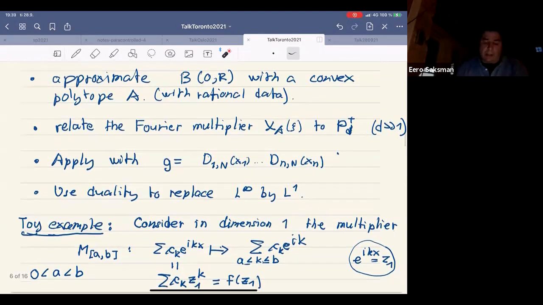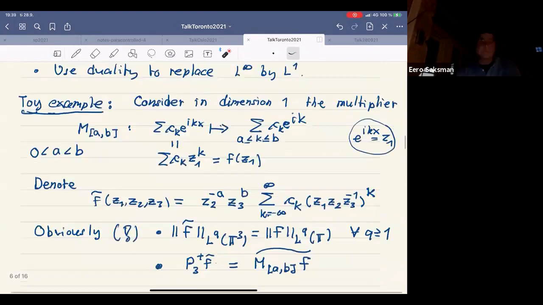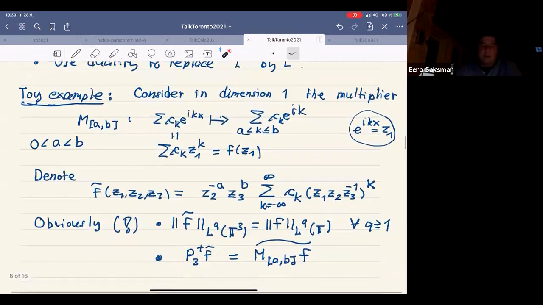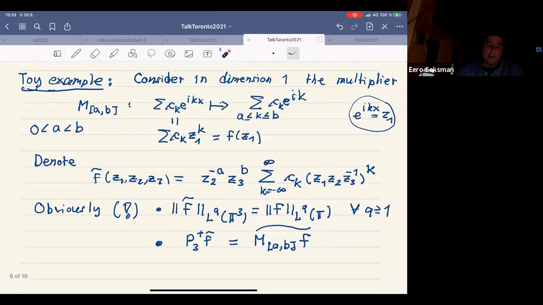Okay, let's take a toy example and consider in dimension 1 the following very simple Fourier multiplier, which corresponds to a one-dimensional polytope. So how do you cook this up by using the Riesz transform?